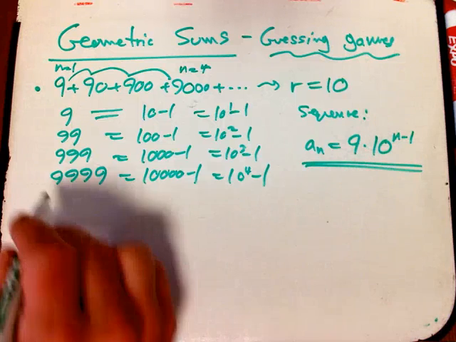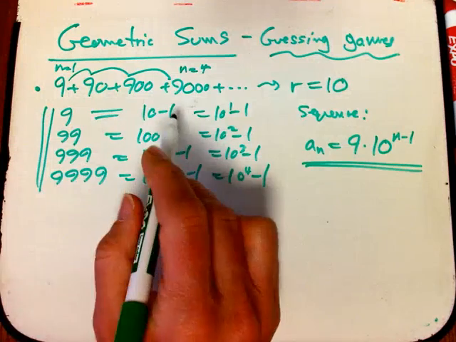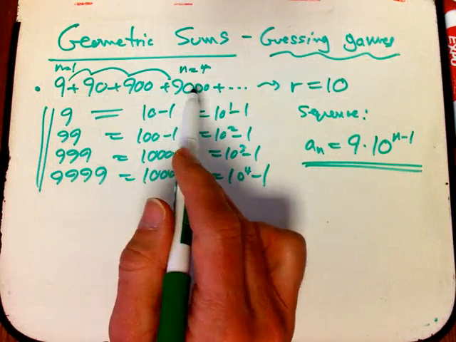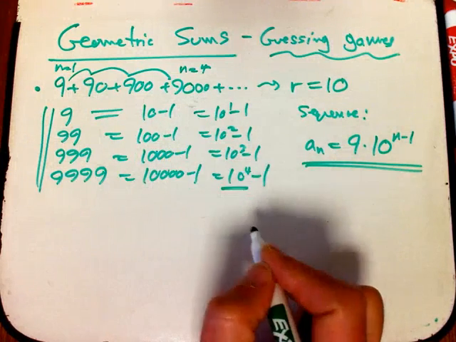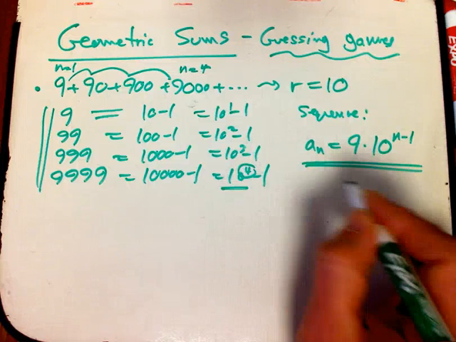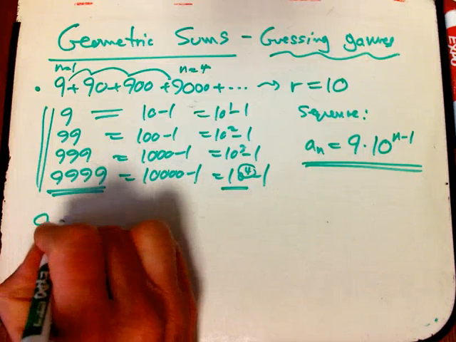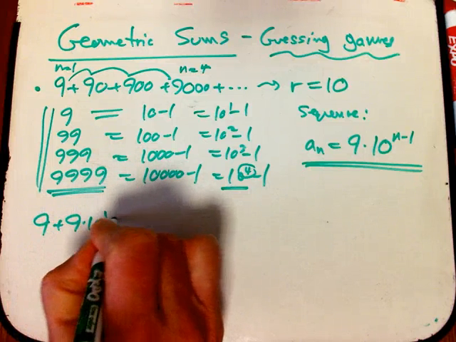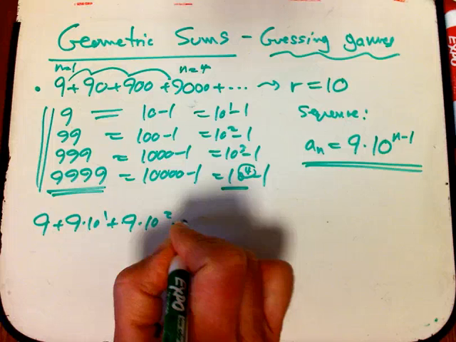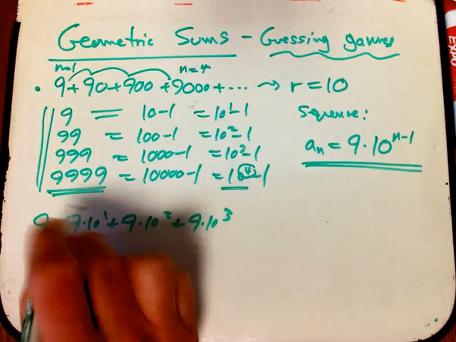Okay, so now back to the sums. When I actually look at the cumulative sums and add them all up, I'm getting something that also has to do with powers of 10, but it's the next power of 10. So for example, the last thing we summed up was 9 plus 9 times 10 to the 1 plus 9 times 10 to the 2 plus 9 times 10 to the 3.